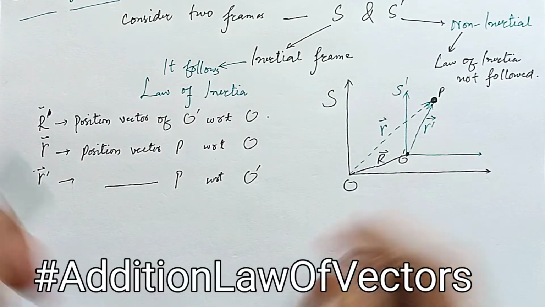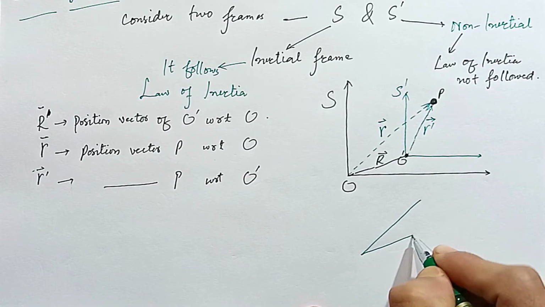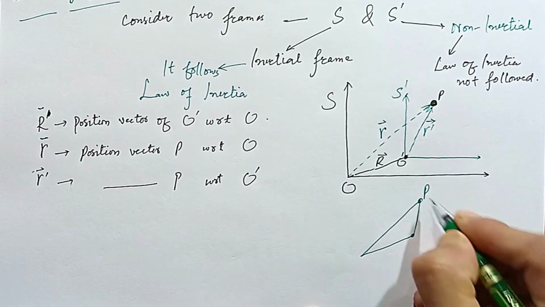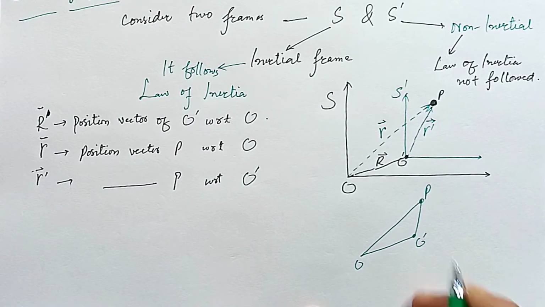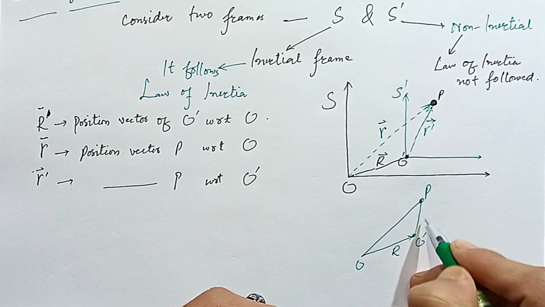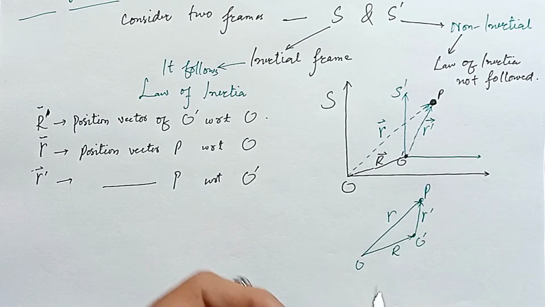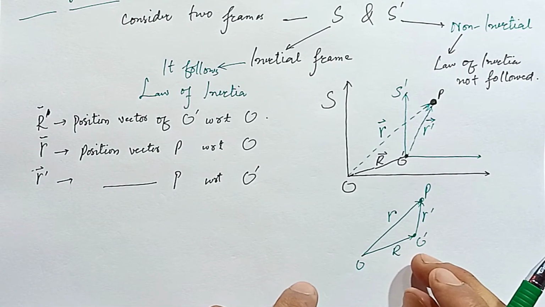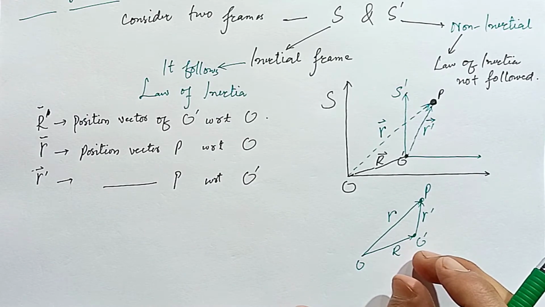Applying this, it will be seen like this. This is the point P, this is O, and this is O prime. This vector will be r, this vector will be r prime, and this vector is capital R. You might already be aware of the triangle law of vectors and the addition law.